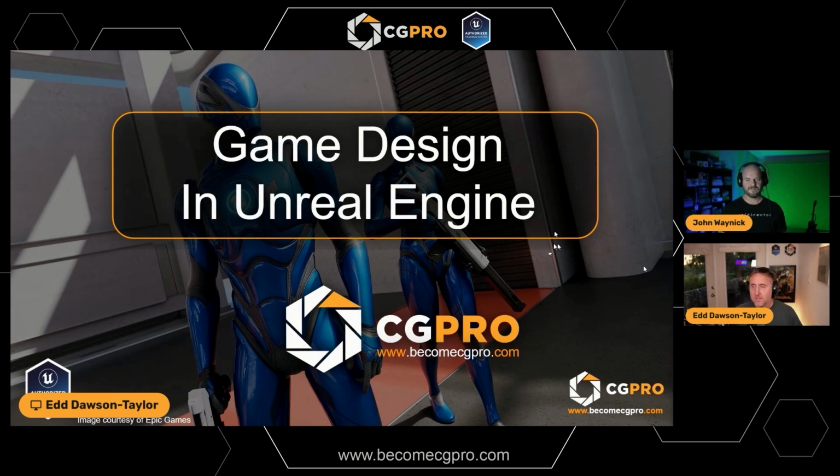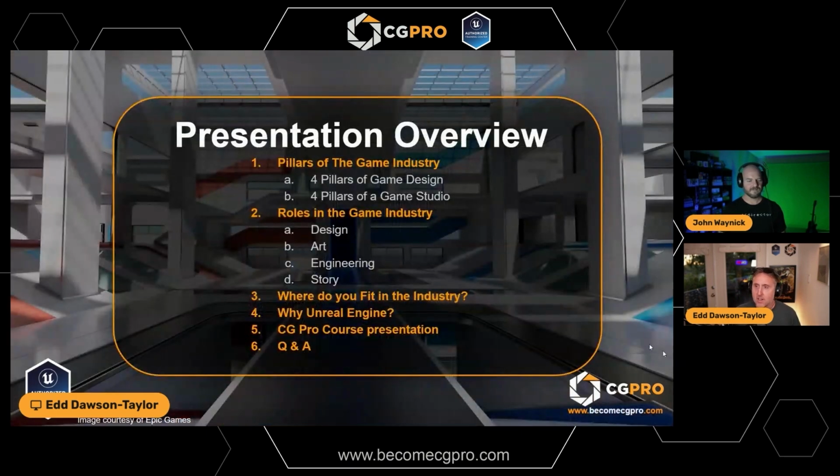You bet. So just a quick presentation overview here. John, if you want to take it away and tell us what we'll be going through tonight. Yeah, so one of the big things I want to talk about tonight was to give a little bit of an overview into the game industry and why we're doing a broad spectrum game design course in the first place.